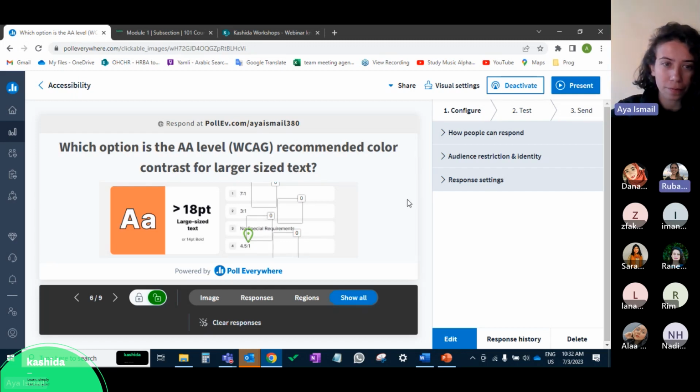And just to clarify for people who might not be graphic designers, the lower the ratio is, the lower the contrast between the colors. So if you have white against black, it's a very high ratio. It's fully contrasted.